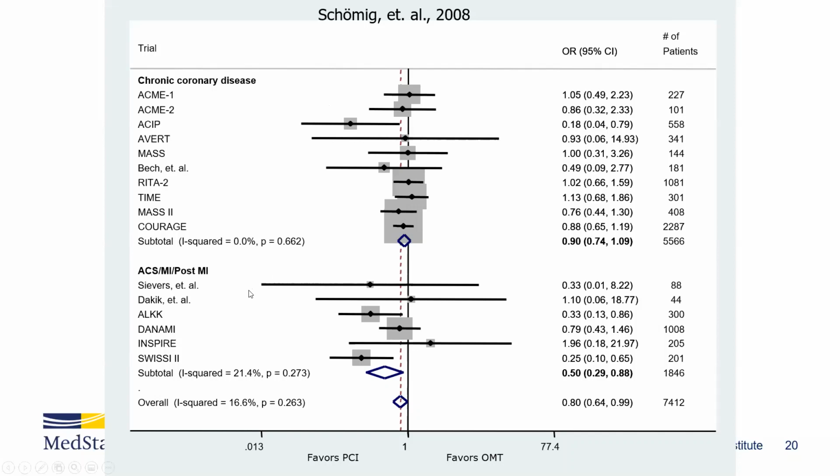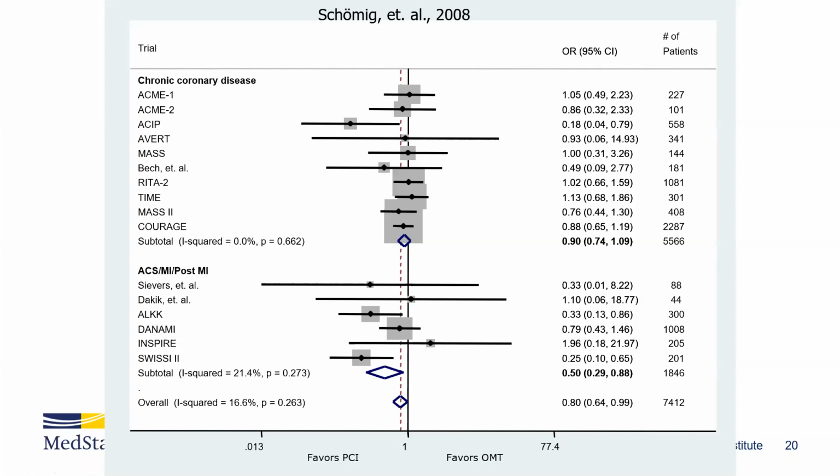On the other hand, for the post-MI patients, the I-squared is now over 20%, which would indicate that there's something other than just random sampling variability or chance that's the reason for the difference in these estimates.